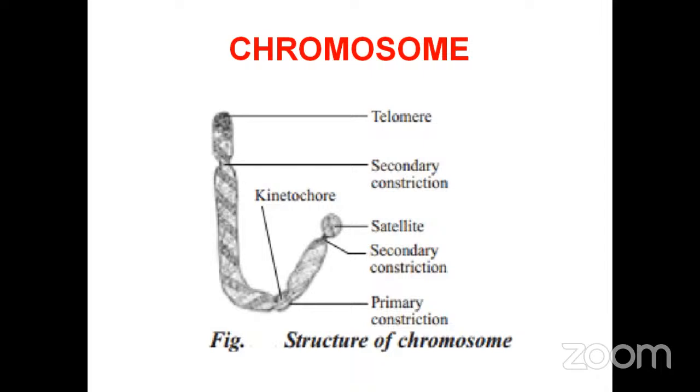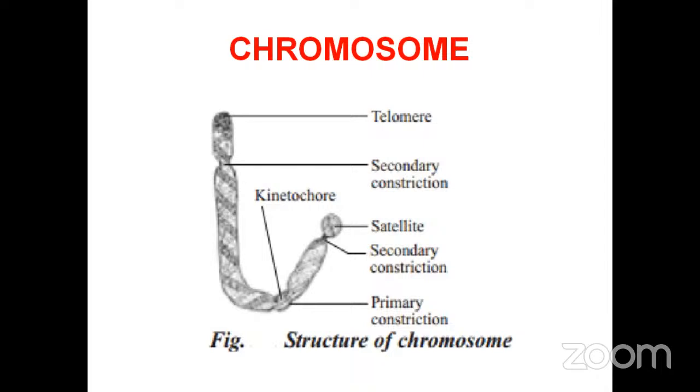Next, Waldeyer named them as chromosomes. Who named them chromosomes? Waldeyer. First observed by Hofmeister, named by Waldeyer. The structure, size, shape, and number of chromosomes differ from one species to another, both in animals and plants.